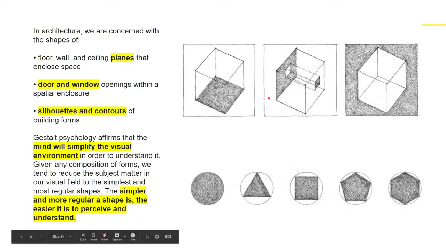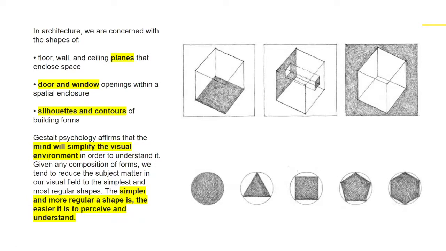In the examples here on the right, you have different takes on spatial distribution or space perception. These are all in orthographic views. You have different perception even with the application of texture.